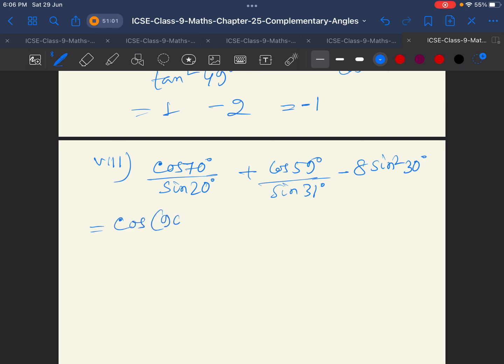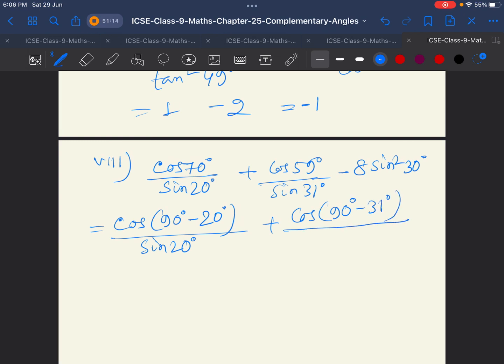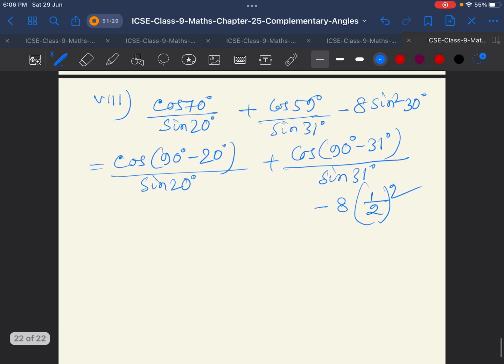Okay, so we can write cos of 90 minus 20 by sine 20 plus cos of 90 minus 31 by sine of 31 minus 8 sine square 30 degree. We know sine 30 is 1 by 2, squared.